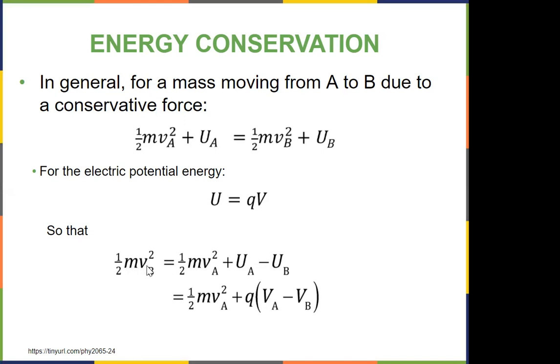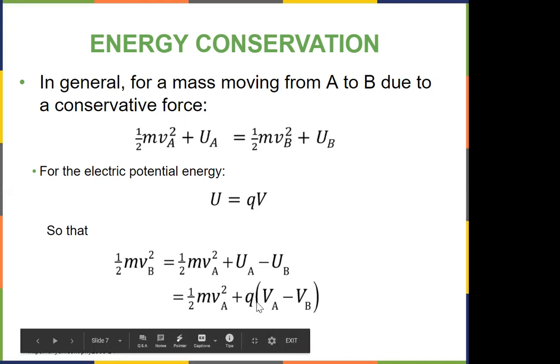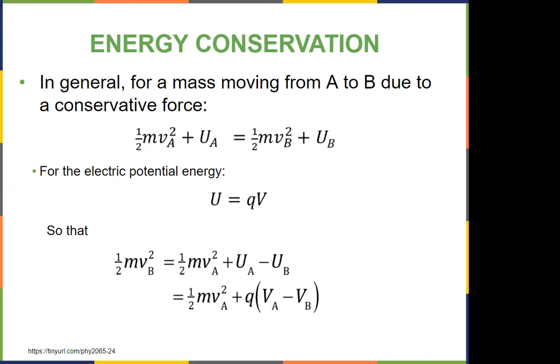If you are looking for VB, you can solve for VB that way. Now UA minus UB will be equal to Q times (VA minus VB). Potential energy is equal to Q times potential.